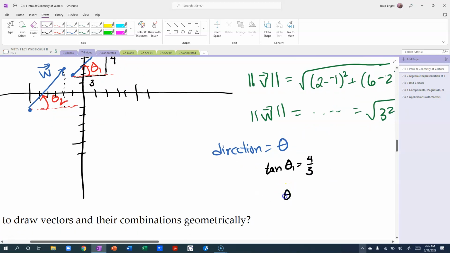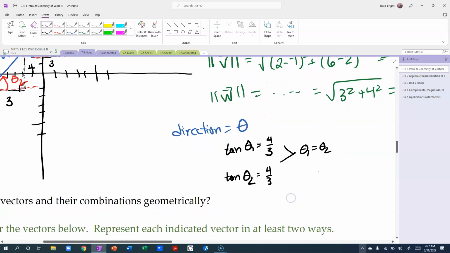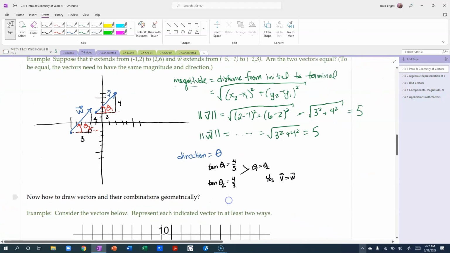Similarly, for theta 2, I could draw my triangle. It's a right triangle. Horizontally, I move 3. Vertically, I move 4. So tangent of theta 2 is equal to 4/3. I could solve for theta, but we have the same equation effectively. So I can conclude that theta 1 is equal to theta 2. So yes, v is equal to w since magnitude and directions are the same.